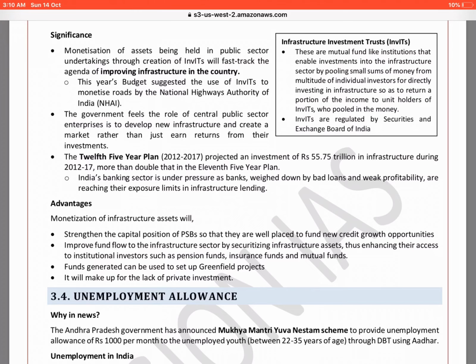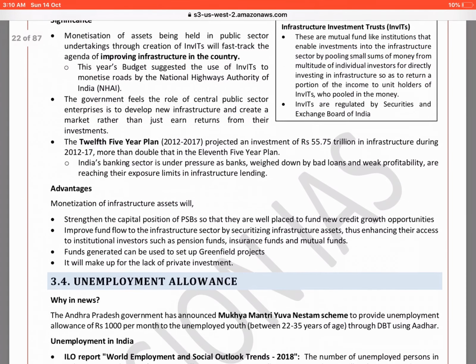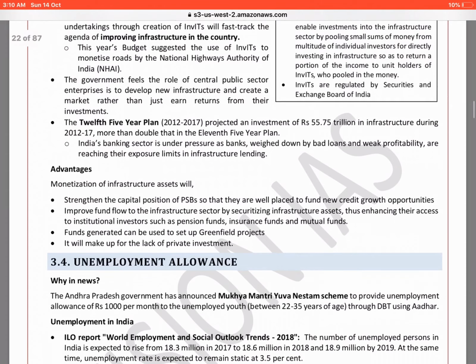That is why you are investing. So this is being done by this infrastructure investment trust, so as to return a portion of income to unit holders of InvITs who pooled in the money. Obviously, you pooled in the money, that money is used in the infrastructure projects. Whatever the benefit comes, it will be given back to you.